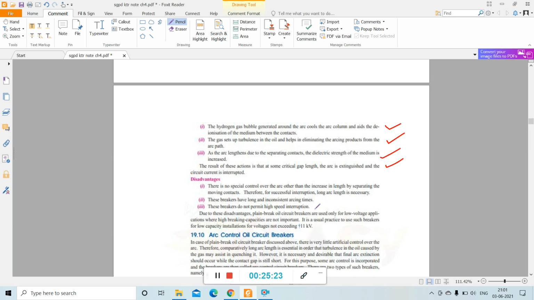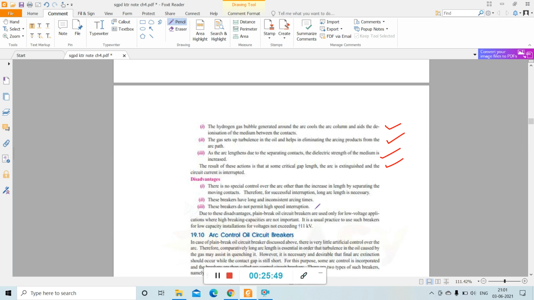Obviously, due to these disadvantages, plain break oil circuit breakers are used normally for low voltage applications, where high breaking capacity is not important. Normally this type of circuit breaker is used for low capacity installations where voltage does not exceed 11 kV.